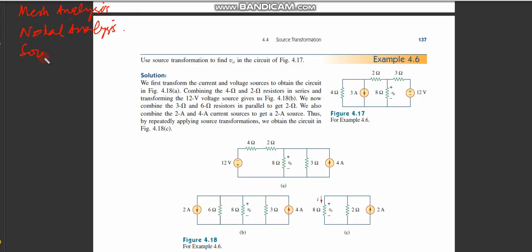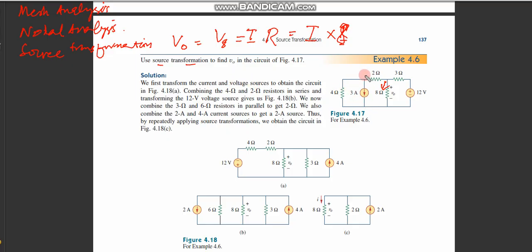Source transformation is another way to solve a circuit and find a value such as V naught, which is the voltage across the 8 ohm resistance, equal to I times R, where R is 8 ohms. So we need to find the current in this branch. We can apply mesh analysis or nodal analysis, but here it says use source transformation, because sometimes this method is easier to apply.